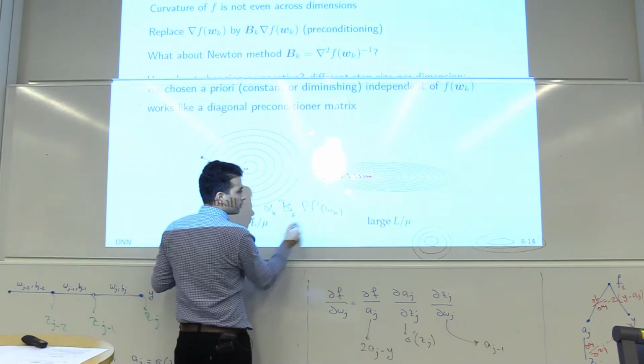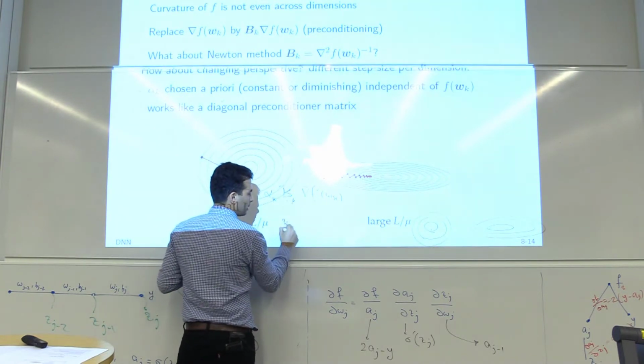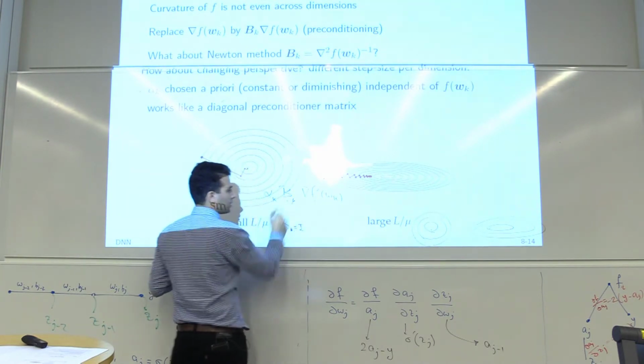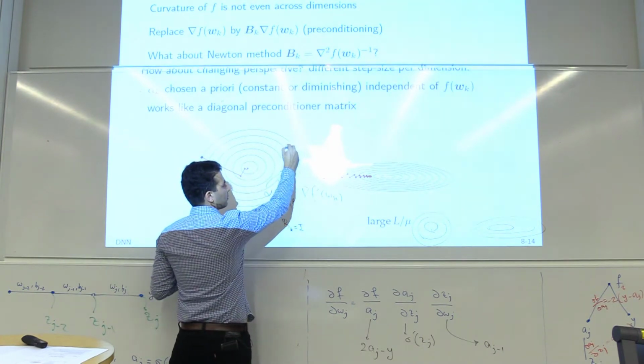So this bk would somehow precondition that. What you can do is just remove this, so say bk is equal to I. Remove this, but then instead of having alpha k, put a diagonal matrix here.